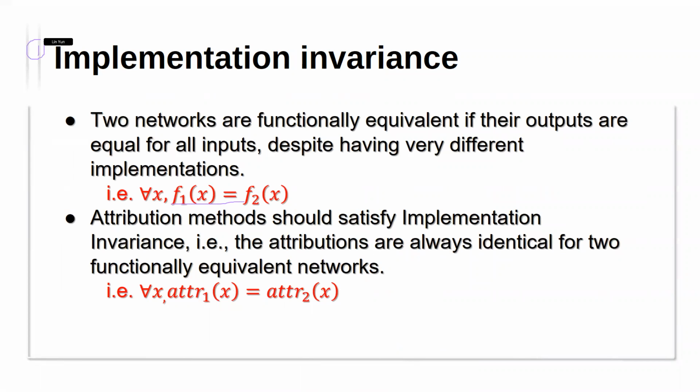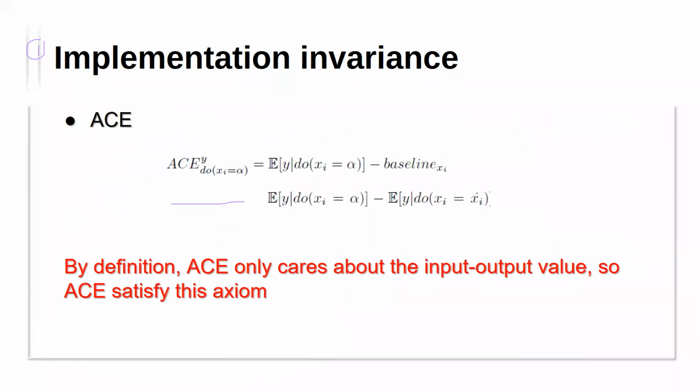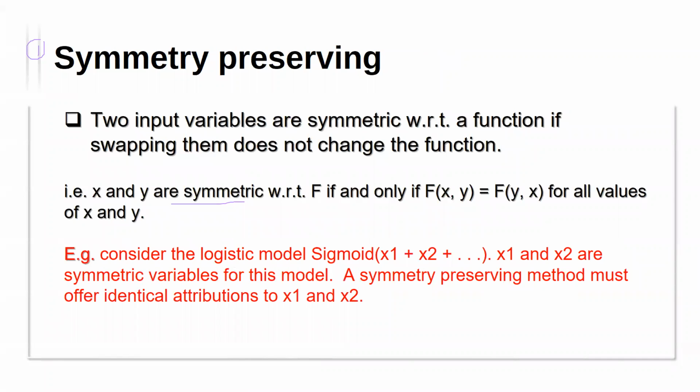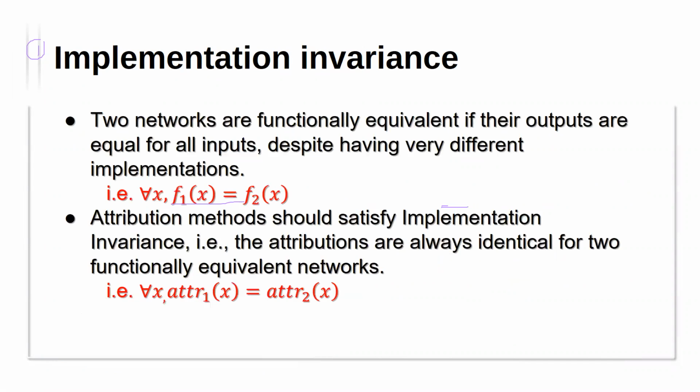The next slide is about symmetry preserving. Symmetry preserving only cares about one network with two different variables, so 2 dimensions.